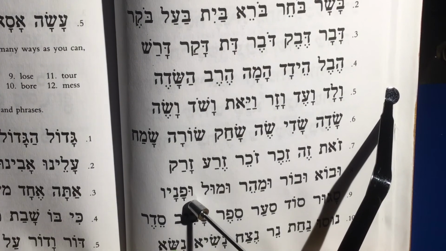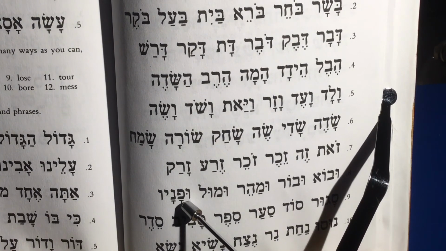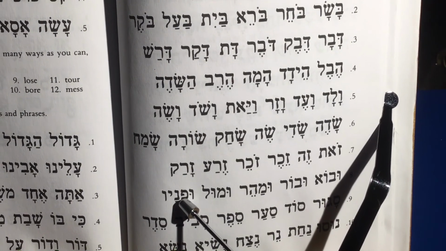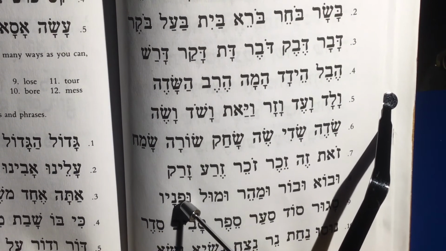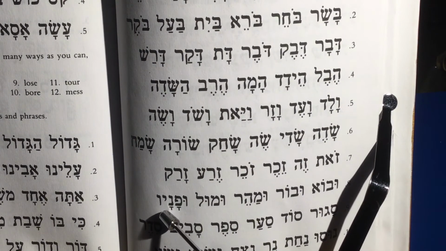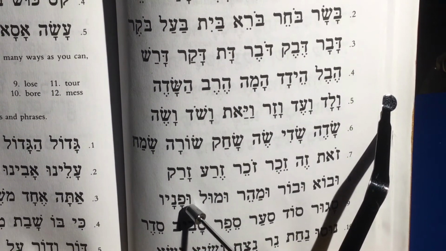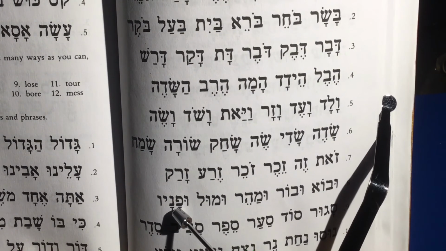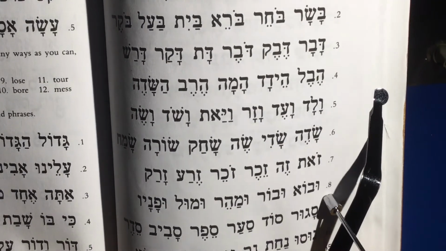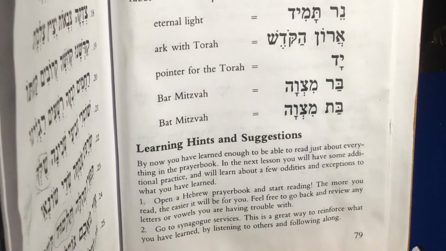Parnav. That's really good because this is a pay, but this is supposed to be an F. So this would be Farnav, which means and. Farnav.